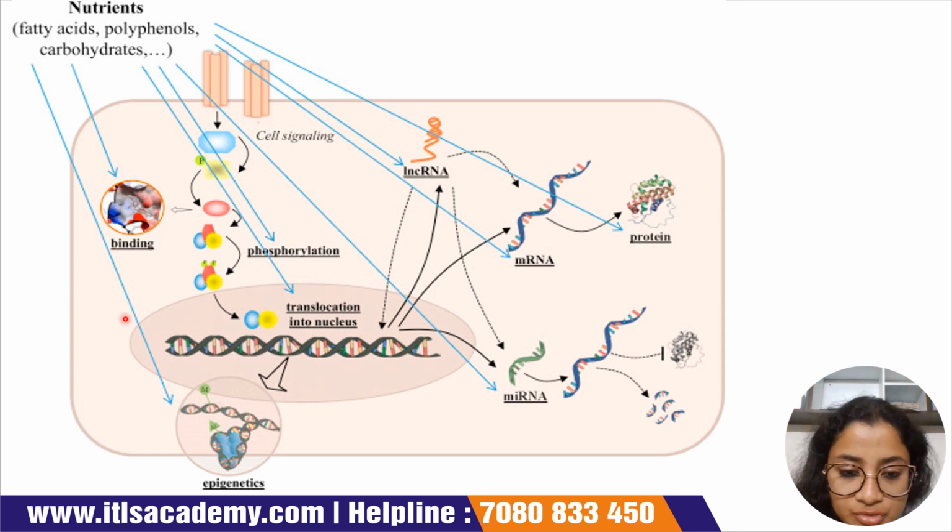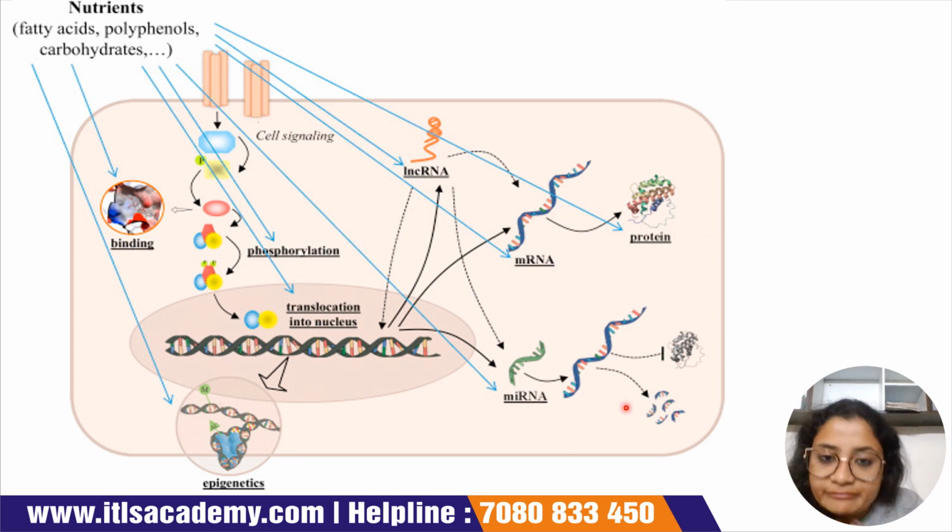More or less they will be having an effect on everything: on mRNA synthesis, on protein formation, on miRNA, means microRNA. We will be talking about what are microRNA. On translocation of the mRNA into the nucleus, and also translocation of the mRNA from the nucleus to the cytoplasm. So in everything they will be involved, and that is what epigenetics is.